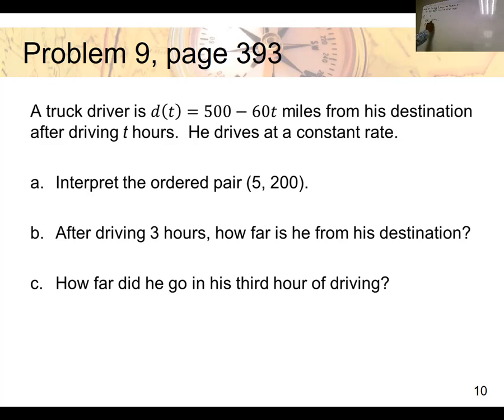So this will be d of 3, which is going to be 500 minus 60 times t, which is 3. If I multiply 60 times 3, that would be 180.